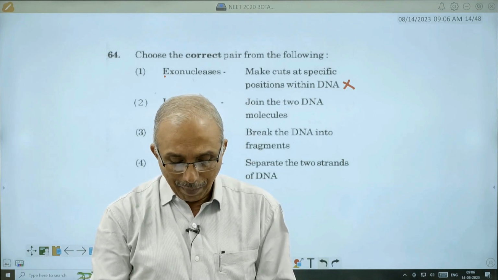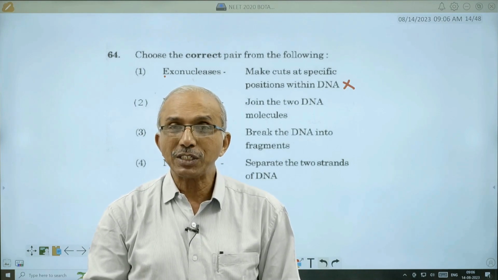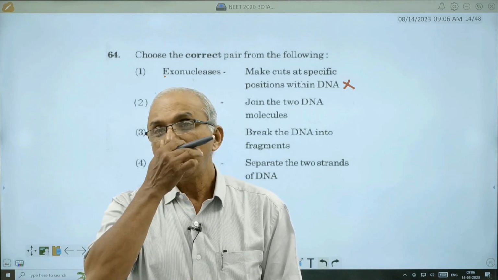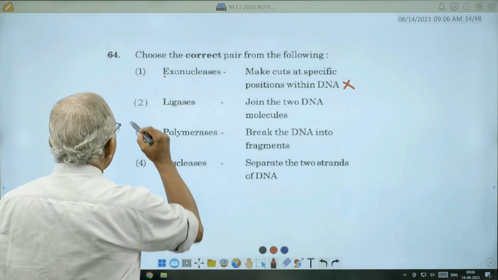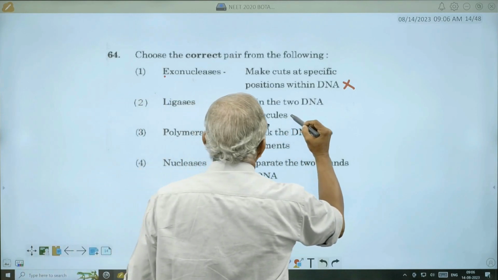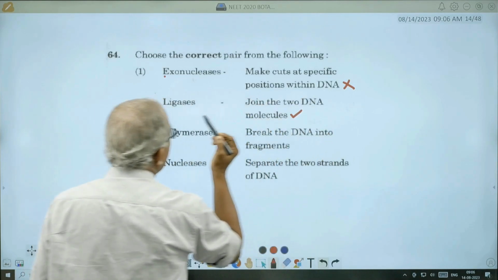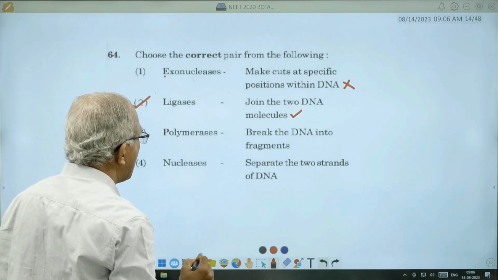The cuts made by exonuclease are not specific. It is here and there. So it is not specific. But the DNA ligases join the two DNA molecules. So option 2 is the answer.